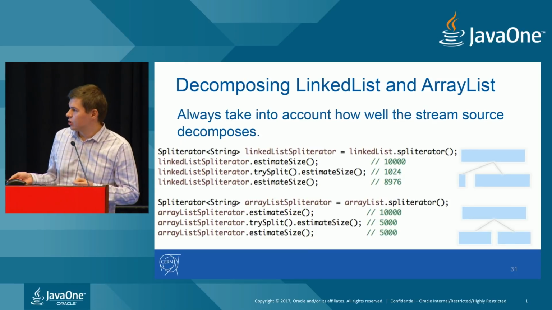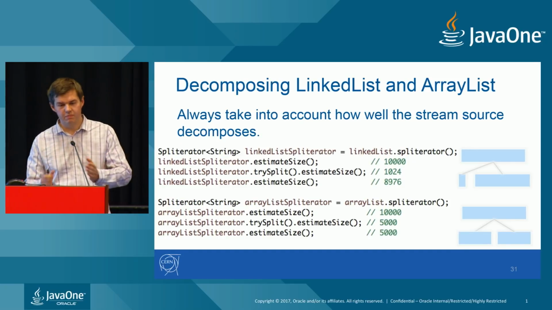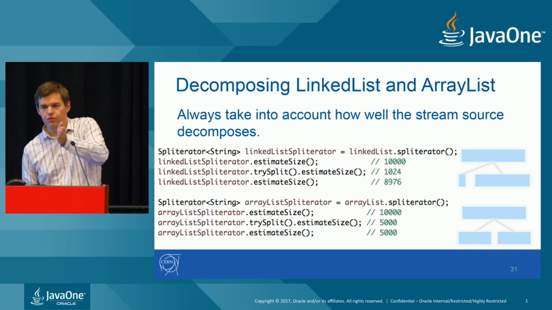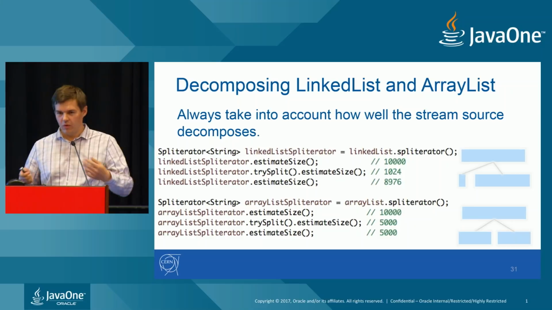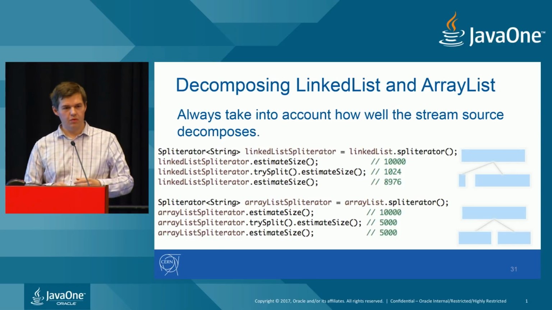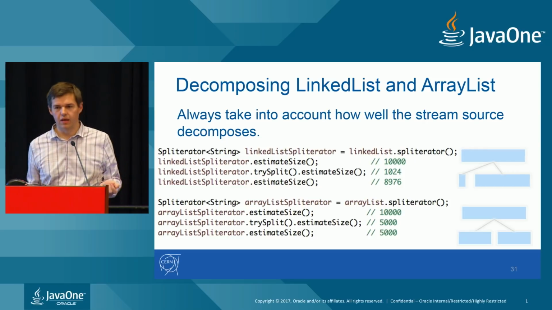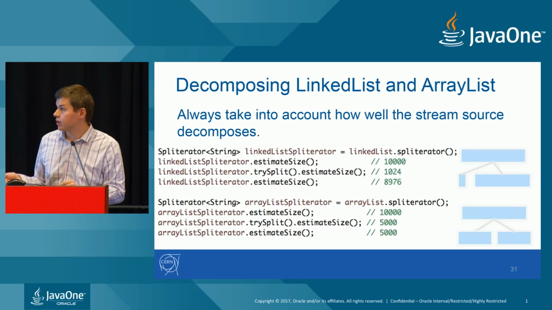When we call try split, in order to split a linked list, you really have to go through the elements. While we're doing that, even if we have 500 cores, 499 of them will be sleeping, because only one core is invoking try split.